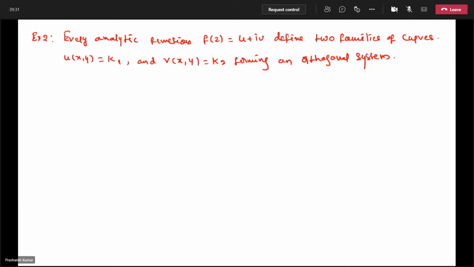That is, u of x y is equal to some constant k1, and v of x y is equal to some constant k2. These two are the families of curves if we consider them from the analytic function. Then these two families of curves form an orthogonal system.